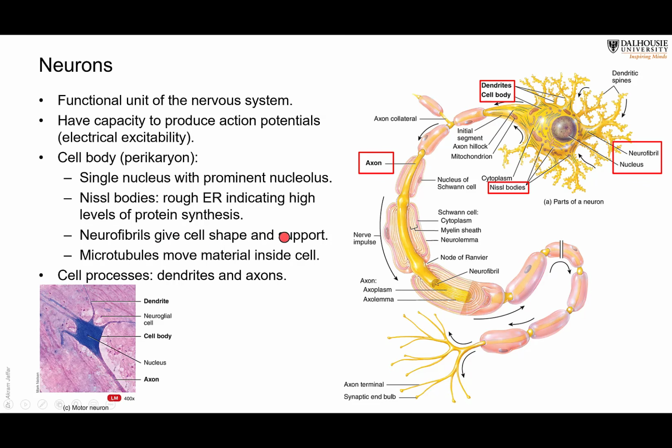These are important for support. Remember these from when we dealt with them, probably in the second lecture. And then there are microtubules, small tubules, all made of proteins like tubulin. Remember the protein tubulin, and they transmit substances within the cell.